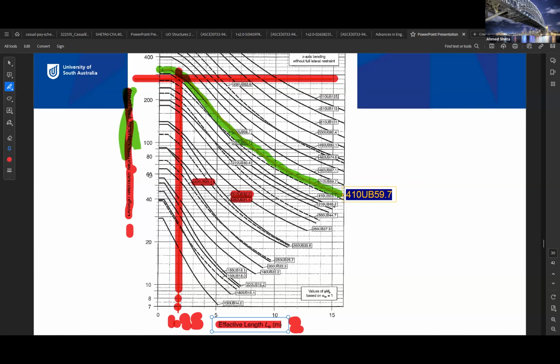But if you download one from the web, sometimes you use UB for columns, sometimes you use UC for beams. So you will find capacity tables for UB axial and UB moment. Also for UC, you will find moment and axial capacity. Okay, anyway, this is a good hint from you, Aaron, to use the correct tables and make sure you are using them correctly. Okay.